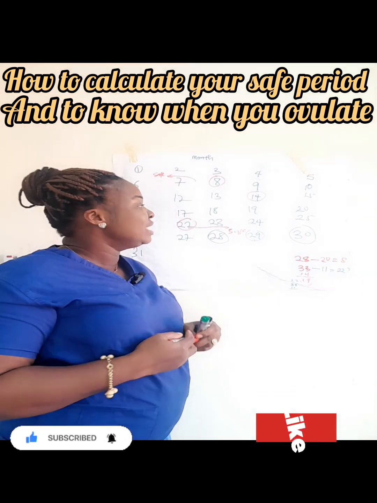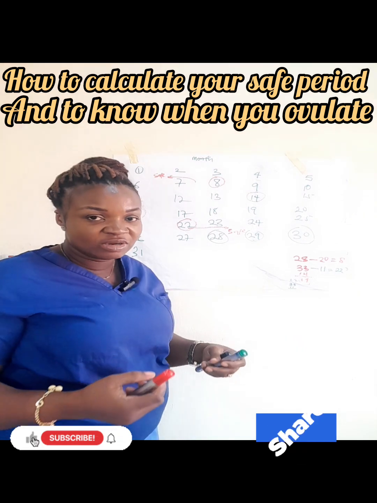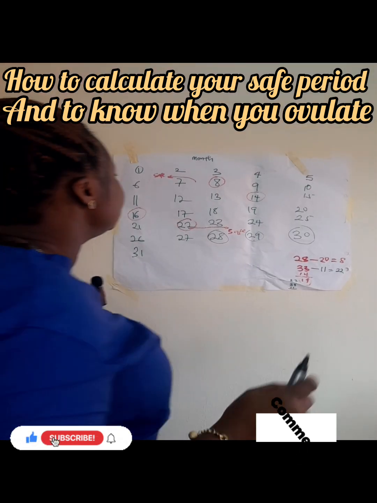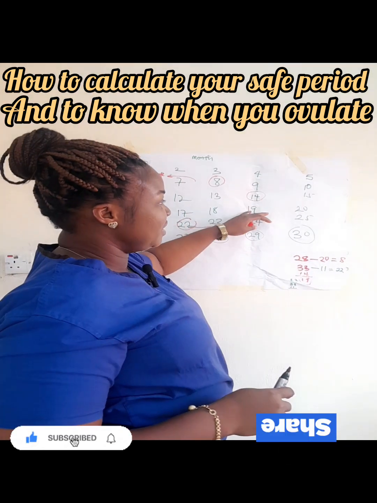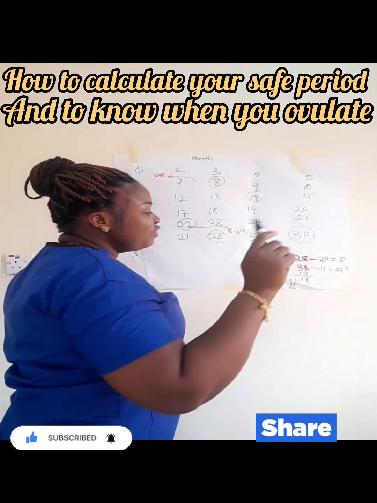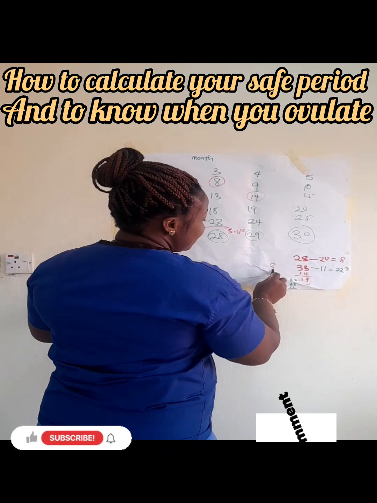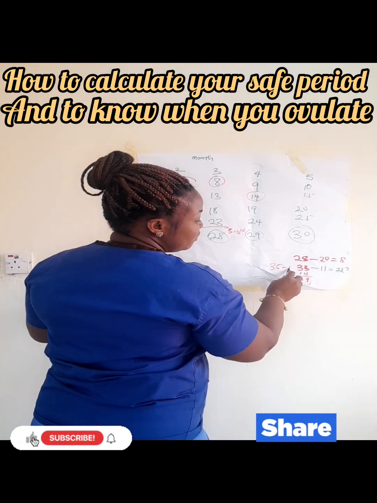So that is how to calculate both your luteal phase and your follicular phase. As I was saying, the luteal phase always remains constant, unlike the follicular phase. If your cycle length is 35 days, just do 35 minus 14.